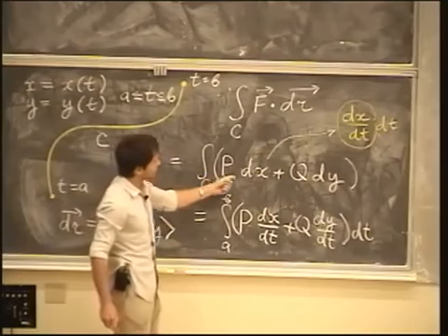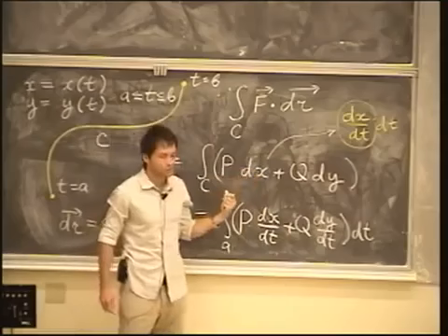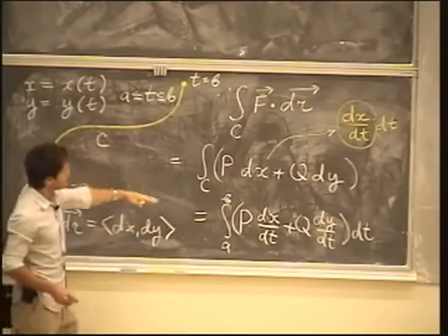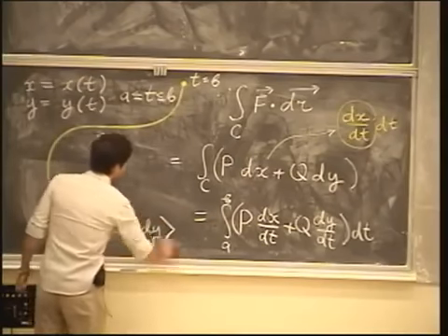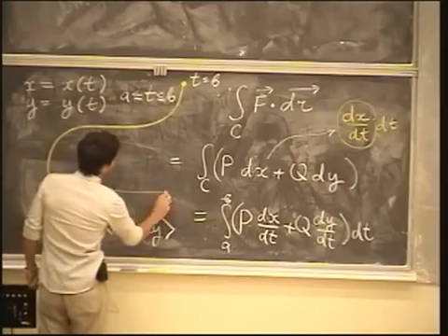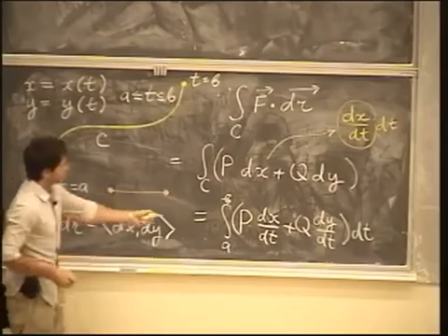So notice the difference between these two. Here I write this integral as an integral over a curve, which is on the plane. But here I rewrite it as an integral over just the basic interval from a to b. Just a basic line segment from a to b. Certainly, this is much simpler than this.